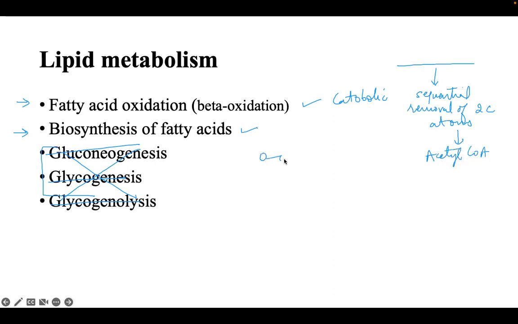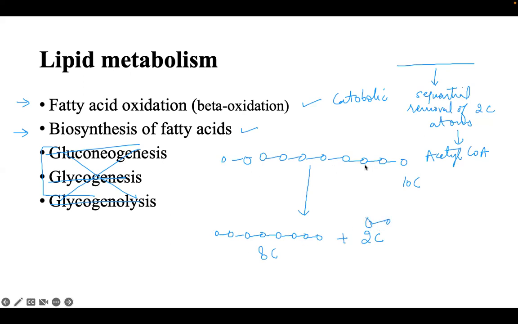For example, hypothetically, let's assume we have a fatty acid of 10 carbon atoms. After one cycle of beta oxidation, what will happen? We will get an 8 carbon atom long fatty acid, and along with that, 2 carbon atoms removed from this chain.